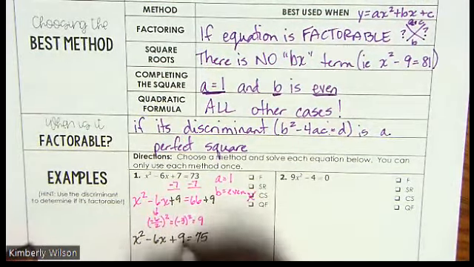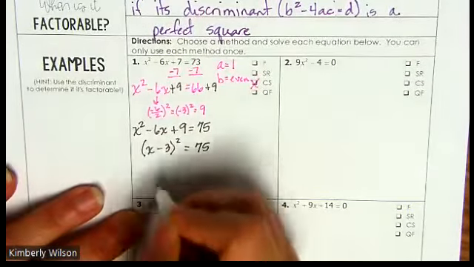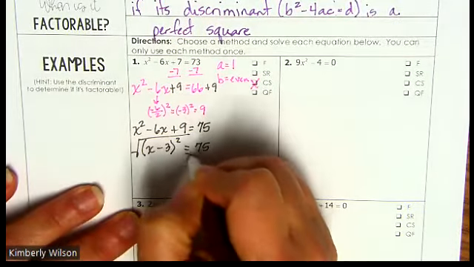Okay, so this right here is going to factor to x minus 3 squared equals 75. Now to finish this, I take the square root of each side.